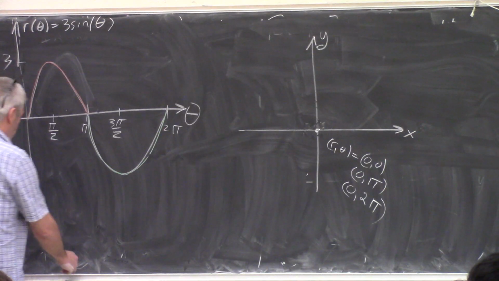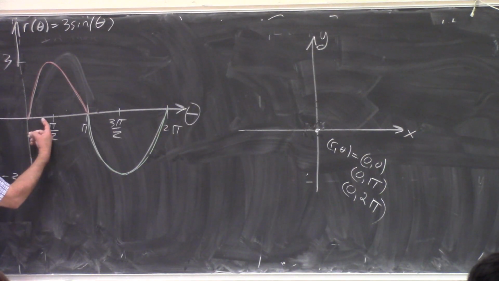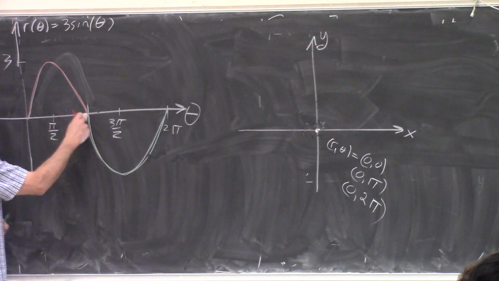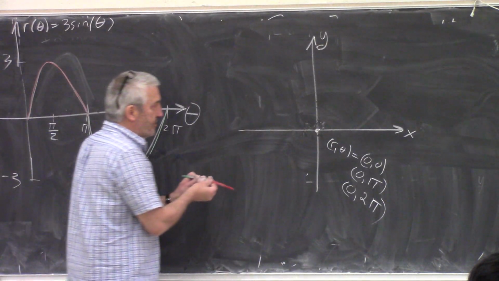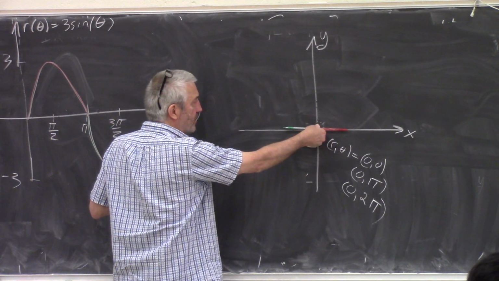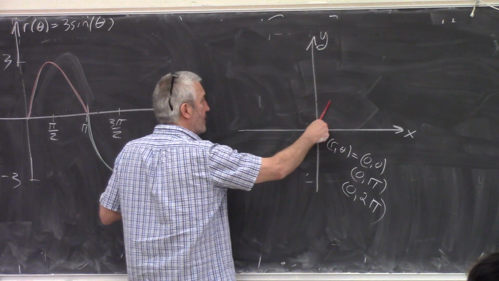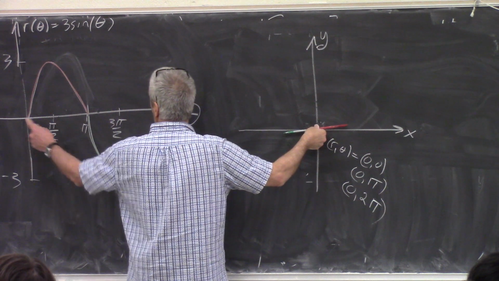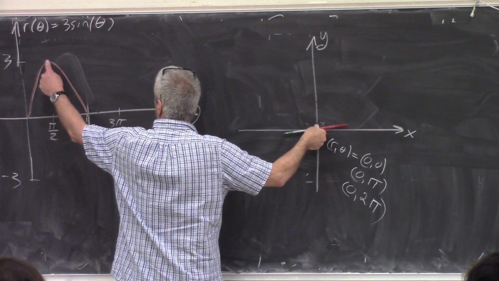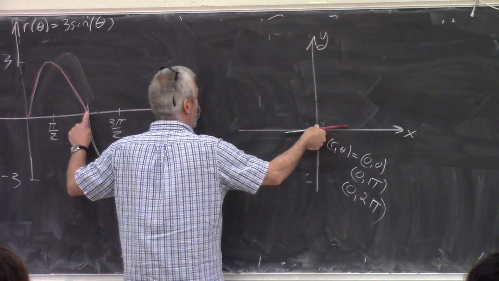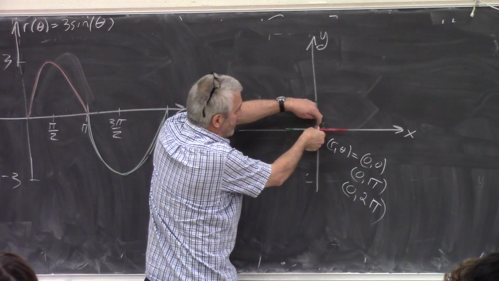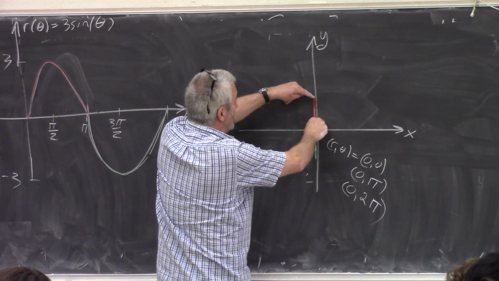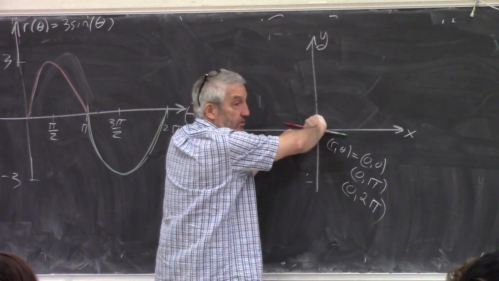Now, let's think about this. This is when the angle is sweeping from 0 to pi. So this part of the graph is telling us what's happening with r as our beam is doing this. Okay, so it's telling us r starts as 0, gets as big as 3 halfway, and then gets back down to 0. Isn't that cool?